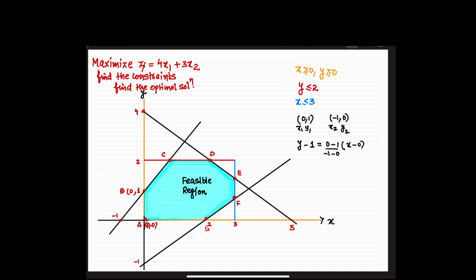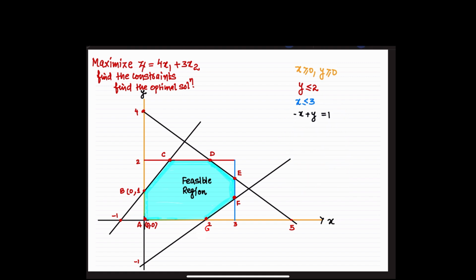So the slope becomes positive. y minus 1 equals x. So this is minus x plus y equals 1. So this is the line. We found the line.